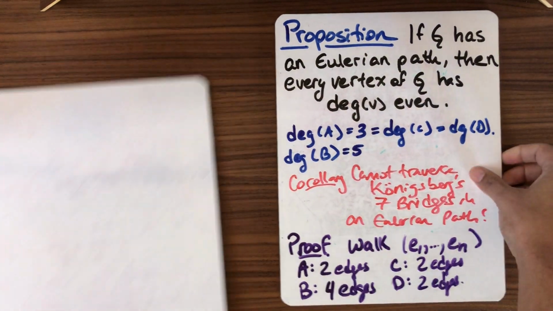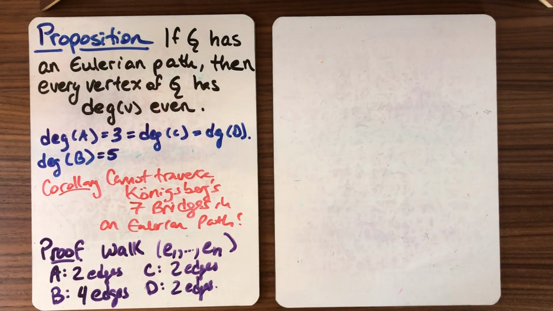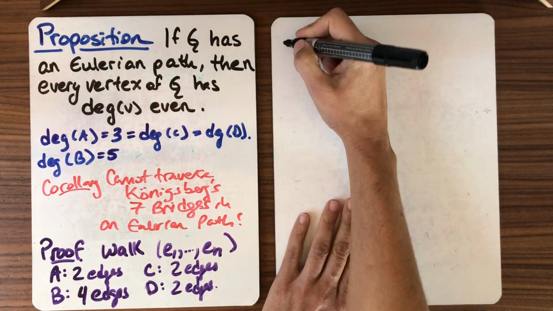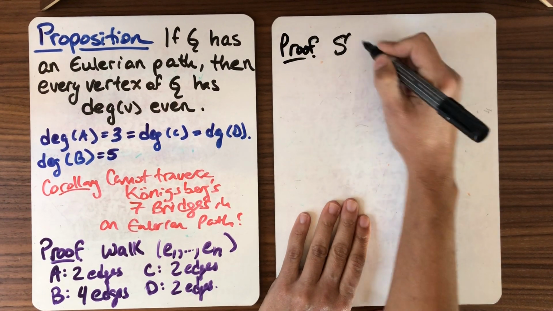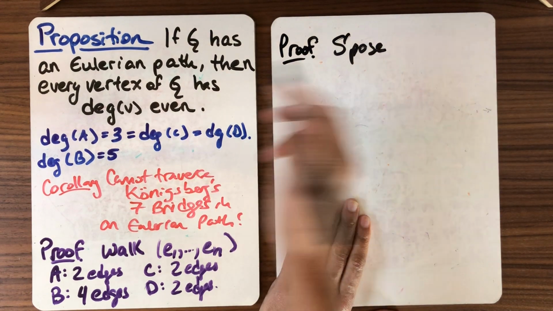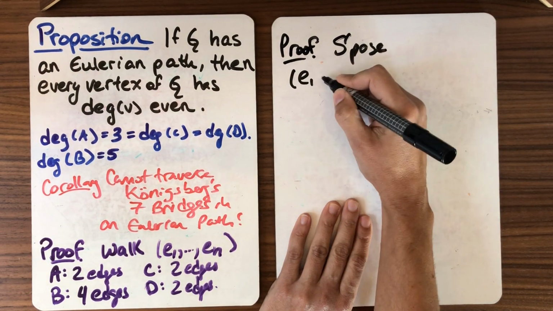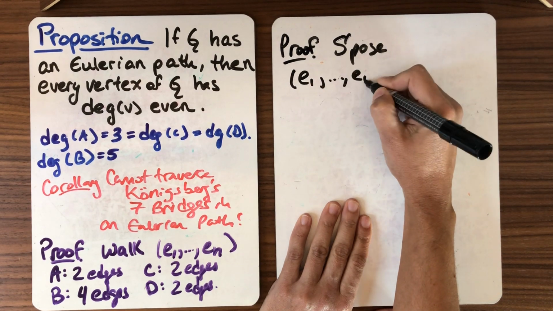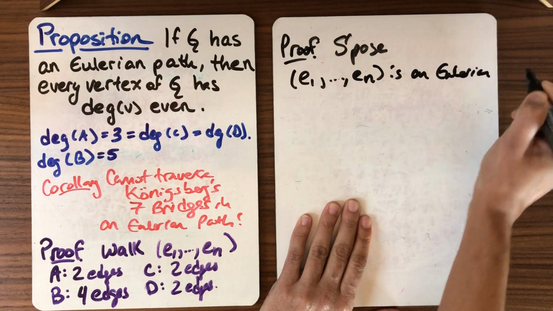Maybe I'll respect the fact that English goes left to right. Okay, so let's write down our proof. So we're going to suppose that we have an Eulerian walk. So suppose E1 up to En is an Eulerian walk.